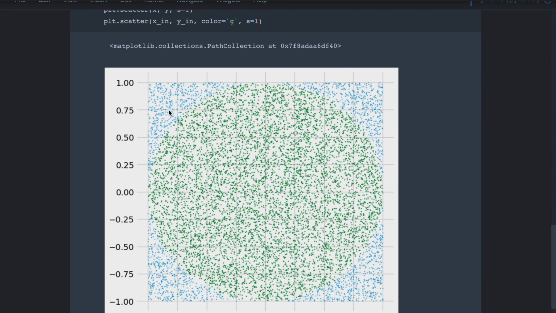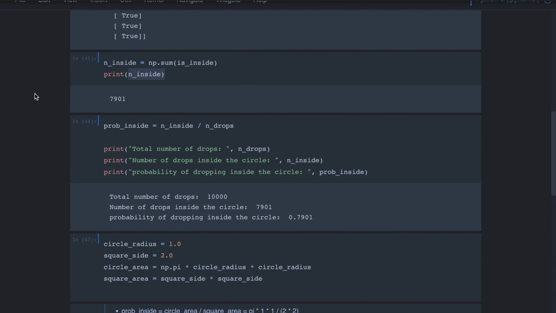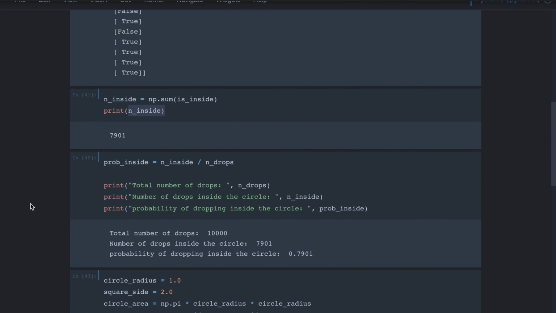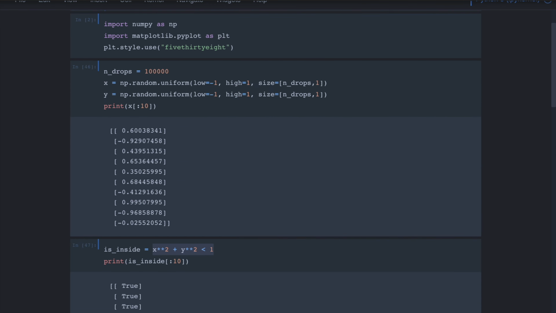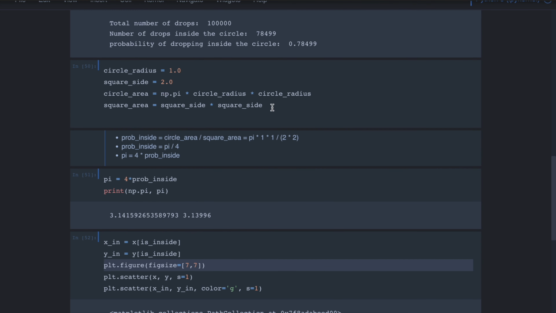The remaining 2,100 points are at these 4 edges. Now the pi value is 3.16. Earlier we got 3.14, right? So as we increase the number of points, we get closer and closer to the actual pi value. Here we got 3.1139, which is close to 3.14.